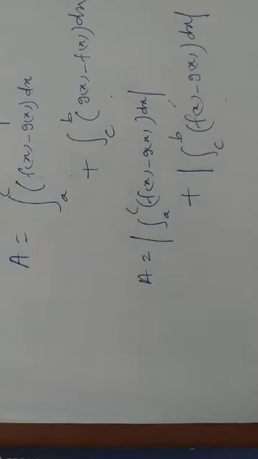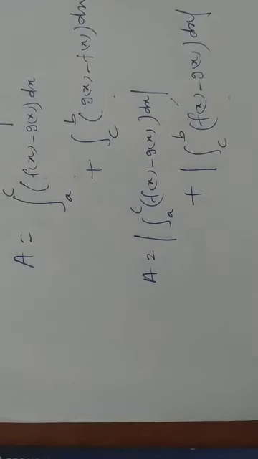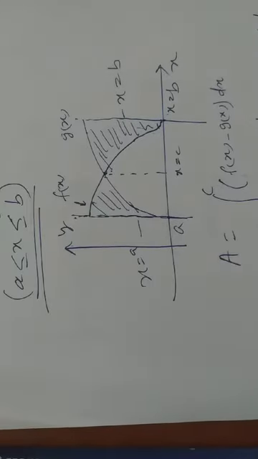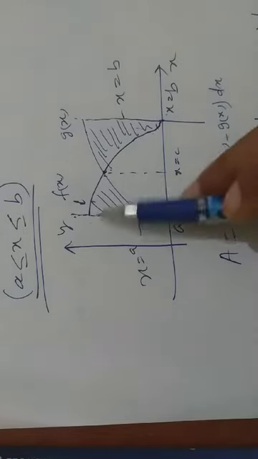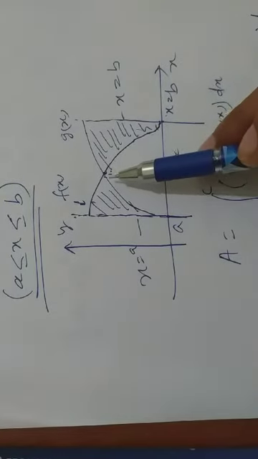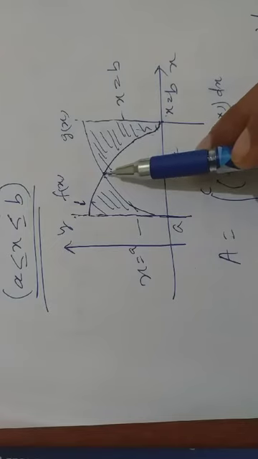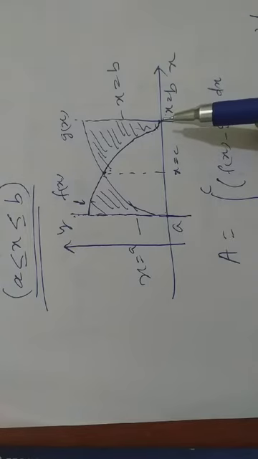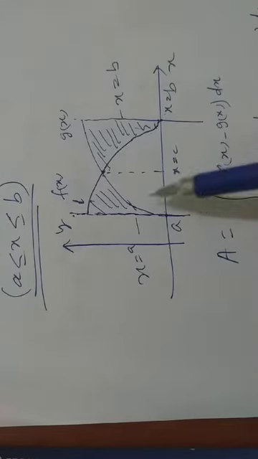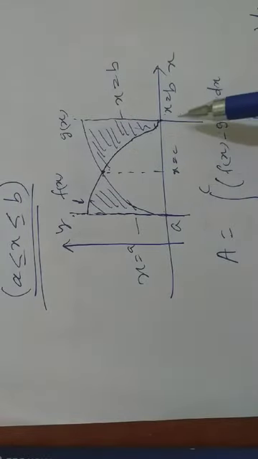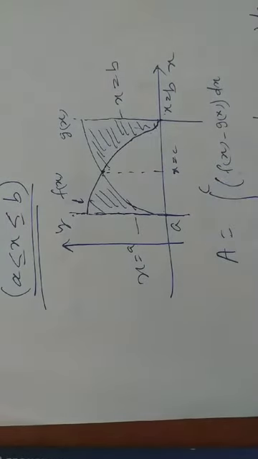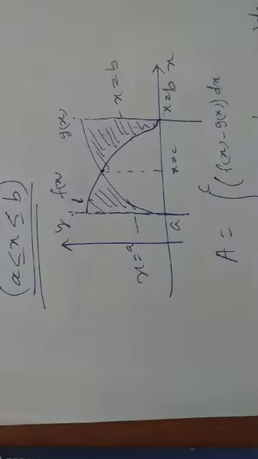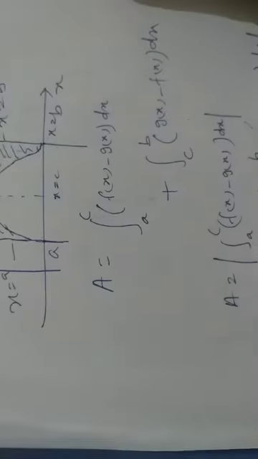This is the required area. So these are the possible cases. Figures are like this. When f(x) and g(x) curves intersect at point c and c belongs to interval a to b, we have to obtain the area bounded by x equal to a, x equal to b, y equal to f(x) and y equal to g(x). So this is the required region which is shaded here, and the expression for this total area is this.